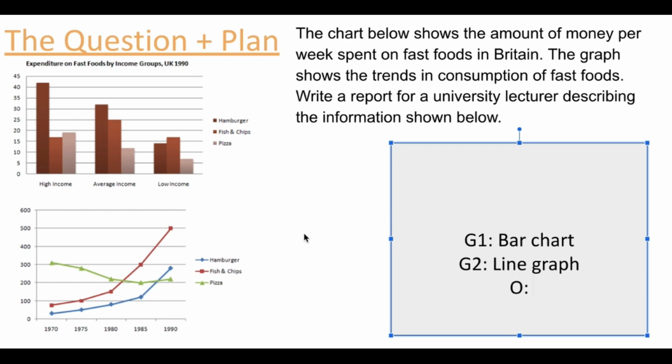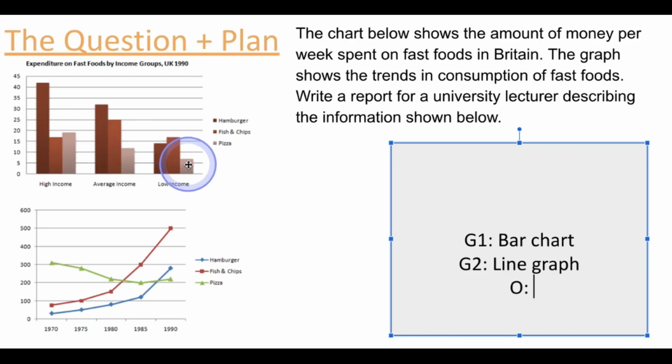Okay, so the overview then, let's have a look. So as the income decreases, so as we get to lower incomes, less money was spent on, let's say, hamburgers, this one here in the dark color, and pizza.